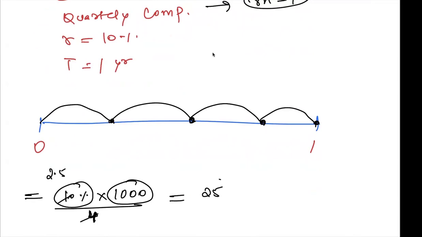So this is 25. You'll get 25, 25, 25, and here you'll get the coupon 25 plus your principal.